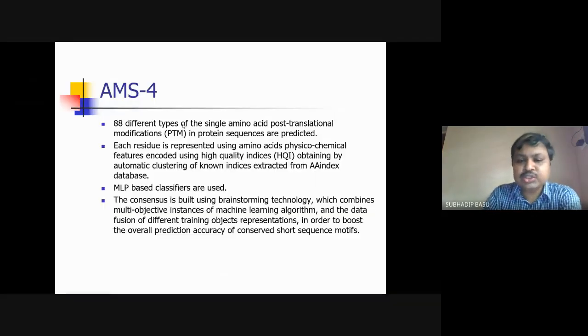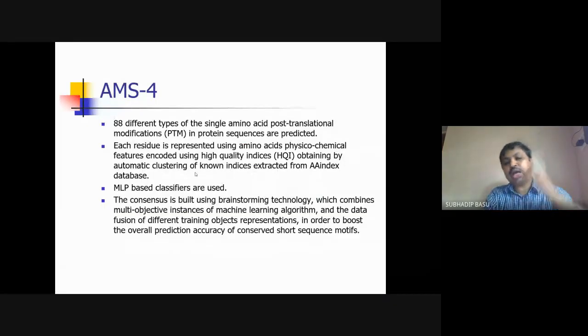prediction. So this is all about how you can use machine learning algorithms for prediction of post-translational modification sites.